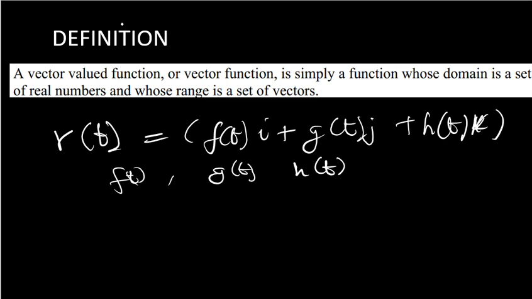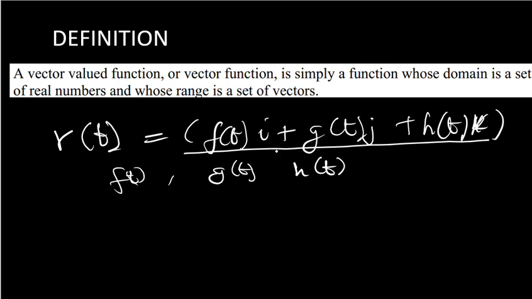But the combination of them, as shown here, becomes a vector form. So we say the domain, the numbers we input into the function, are real numbers. But the output, which will be in the form of i, j, k, will be in vector form.